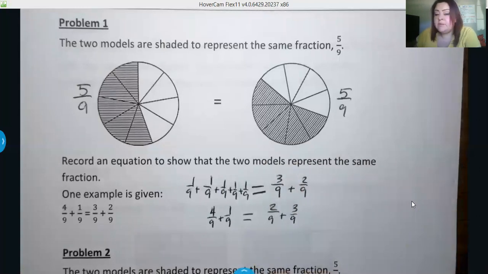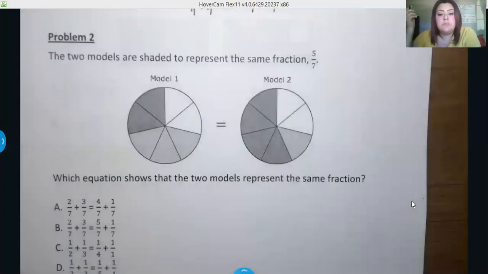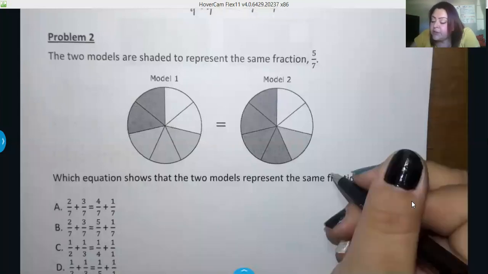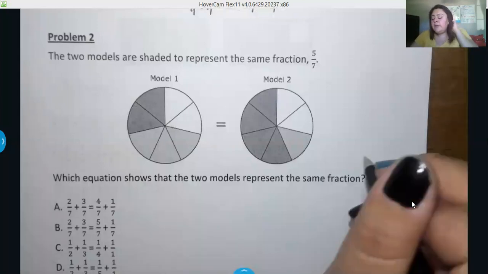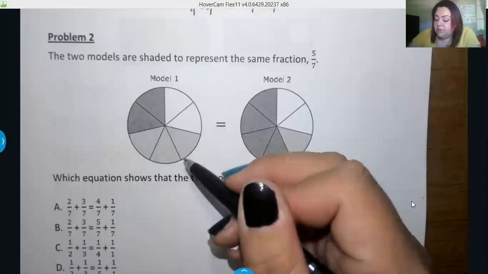Now, really quickly, looking at problem number 2. The two models are shaded to represent the same fraction. Again, 5/7. Which equation shows that the two models represent the same fraction? Okay, so here's what I want you to look at. Looking at this, I'm going to label it. So 1, 2, 3, 4, 5.